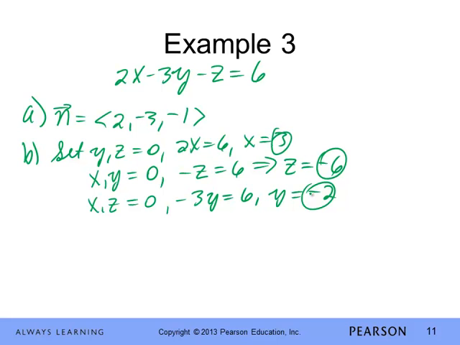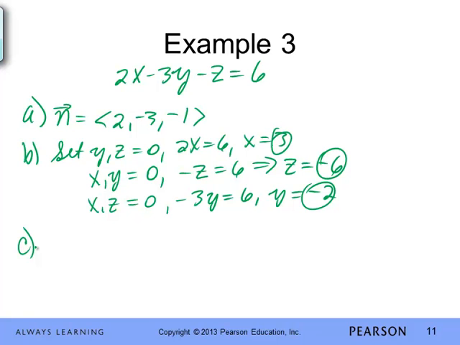Also, this is for part C of the problem, when you want to find the trace of the plane, which basically means if you set one of the variables equal to 0, what is the line that is traced out in the coordinate plane. So suppose that we set x equal to 0, then you'd have negative 3y minus z equals 6.